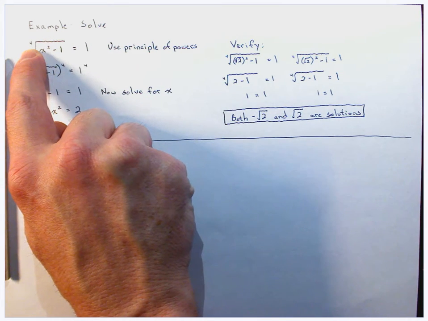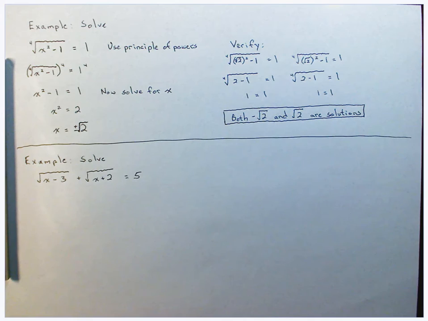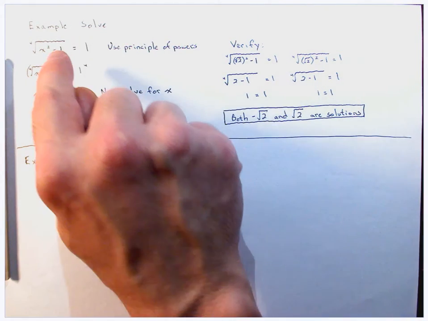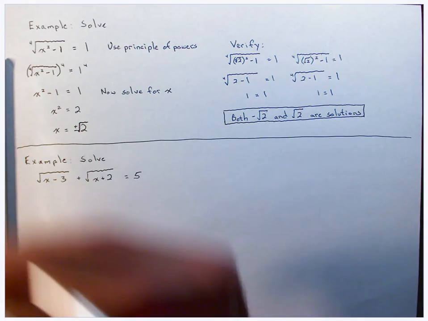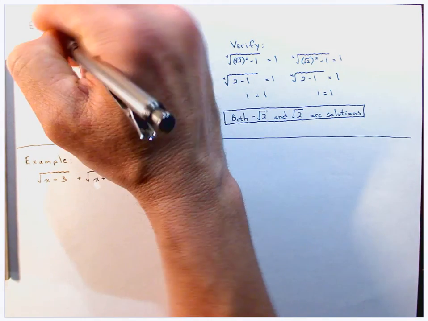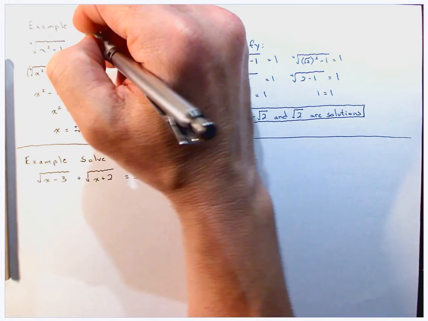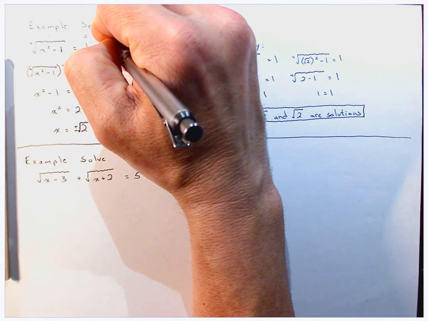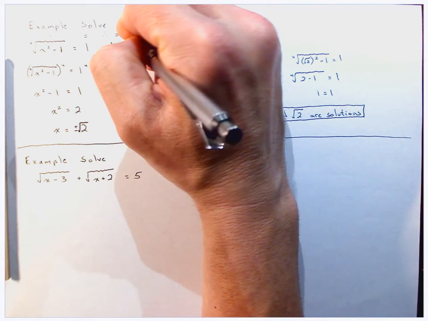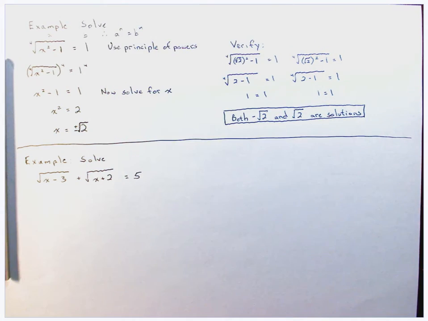That's the number 4, so the fourth root. I will use the principle of powers. Again, this is A and this is B. So I know that A equals B, therefore A to the nth equals B to the nth.